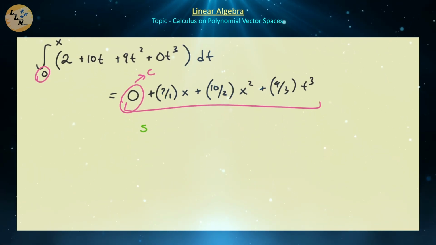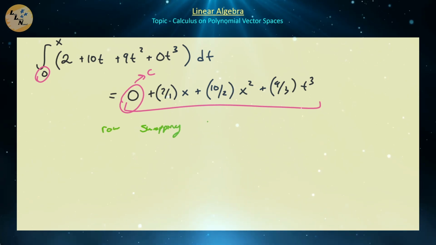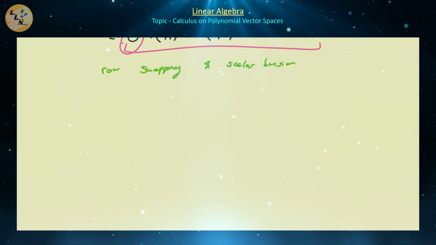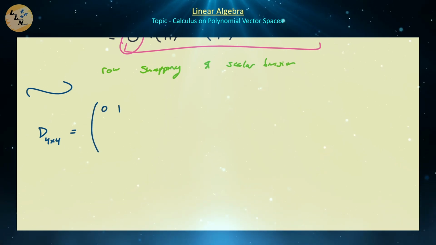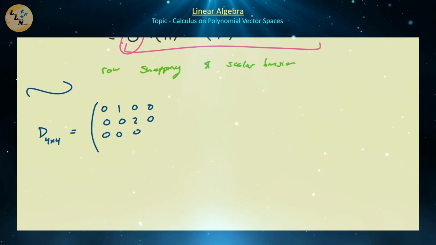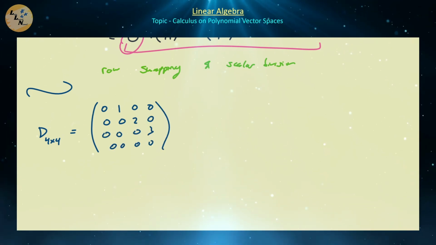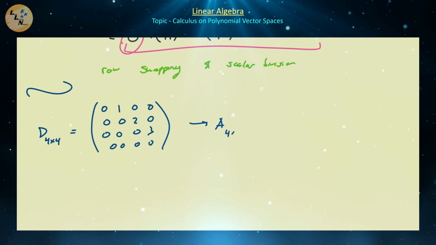Well, this is of course row swapping, but it's row swapping backwards, and scalar division, or scalar multiplication by fractions. So if we recall our 4x4 differentiation matrix, which is again 0, 1, 0, 0, 0, 0, 2, 0, 0, 0, 0, 3, and 0, 0, 0, 0, what would be our anti-differentiation matrix, which is also a 4x4?